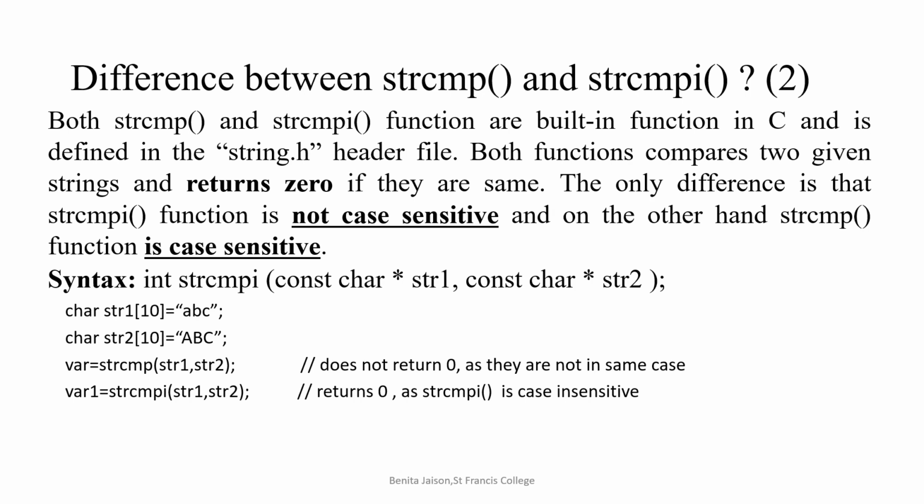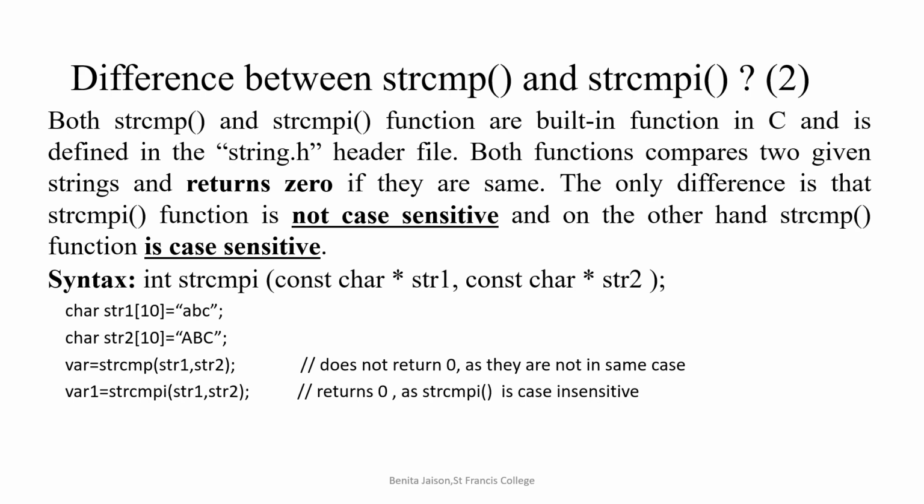Both functions compare two strings and return 0 if both are equal. The only difference between strcmpi and strcmp is that the strcmpi function is not case sensitive, that is, it is case insensitive. I stands for insensitive. On the other hand, the strcmp function is case sensitive.